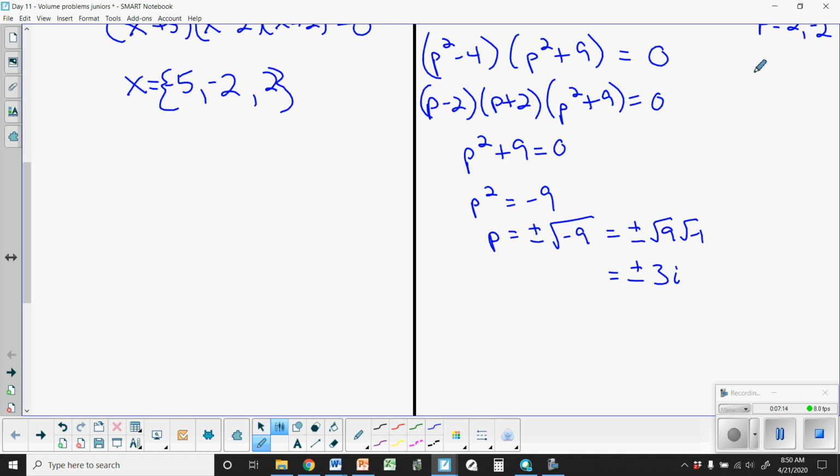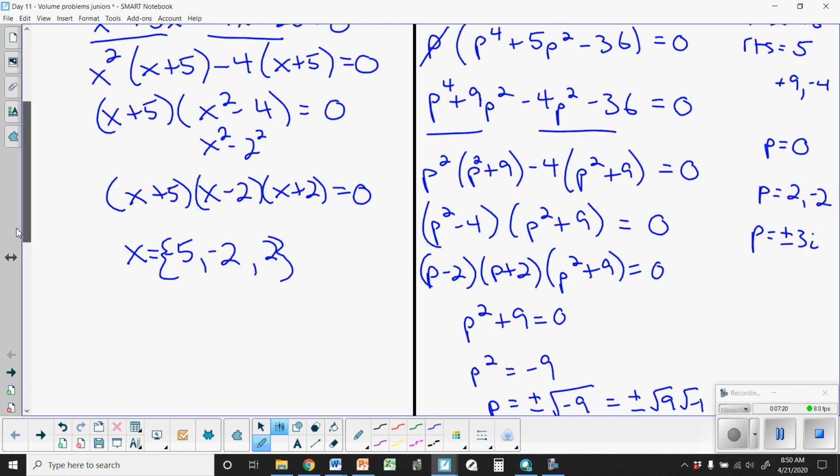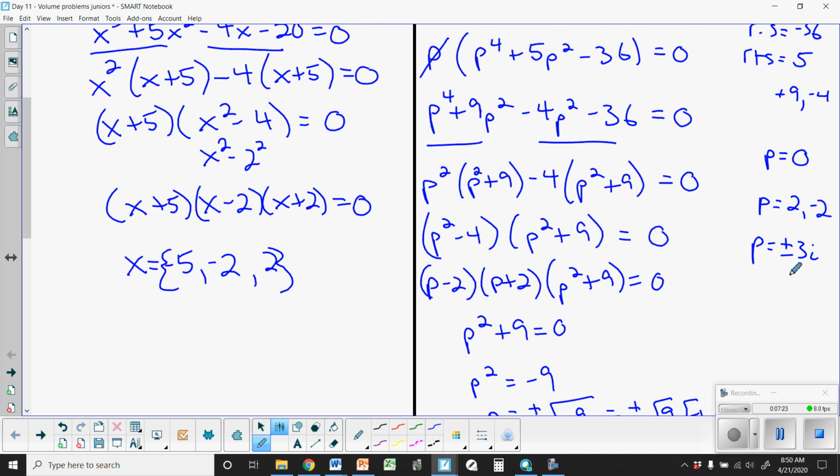So we also have p equals plus or minus 3i. So we have all 5 up there. Remember, this plus or minus is 2, so that gives us 4, and then an extra 1 for 5. So we can write this as the set -2, 0, 2, and we'll just put those imaginary parts together.